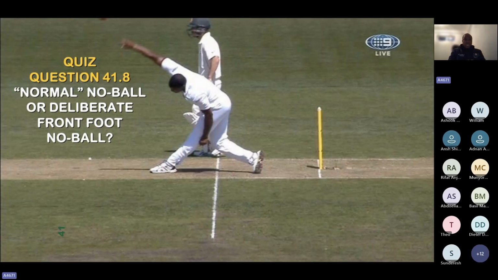It's because this is a deliberate front foot no ball. We will inform everybody and we will report the incident. If it wasn't the end of the over, well, it can't be because it was a no ball, this bowler will be replaced by another bowler who should not have bowled any part of the previous over and cannot bowl any part of the next over.